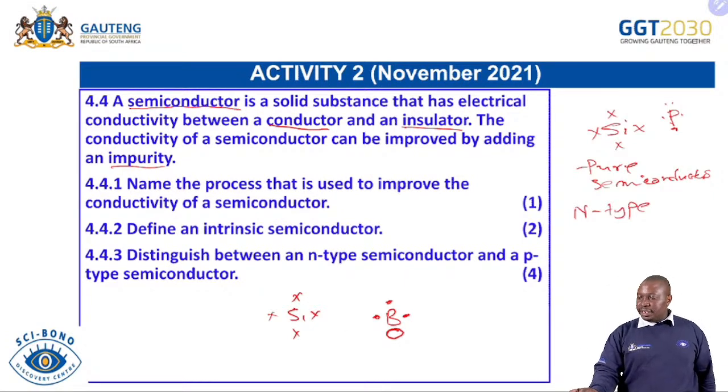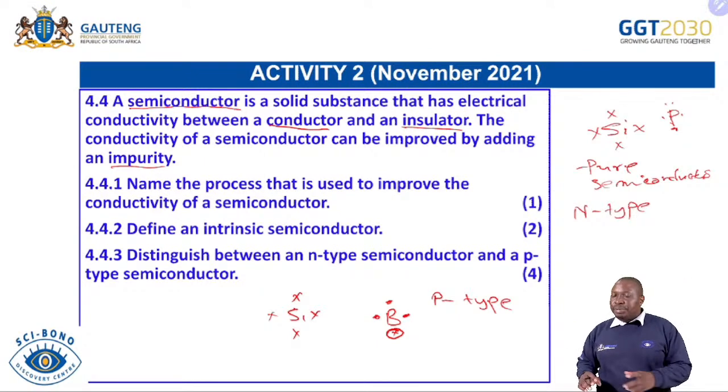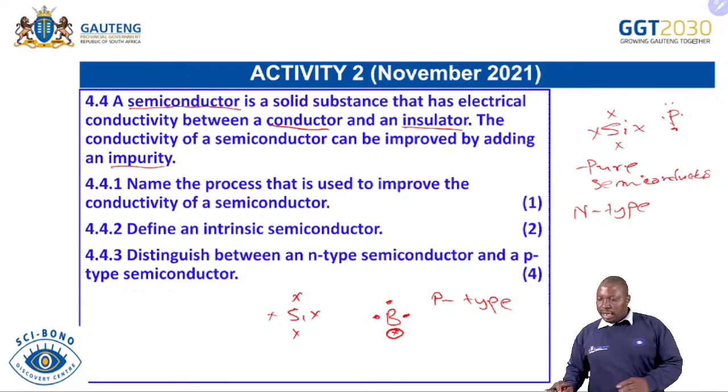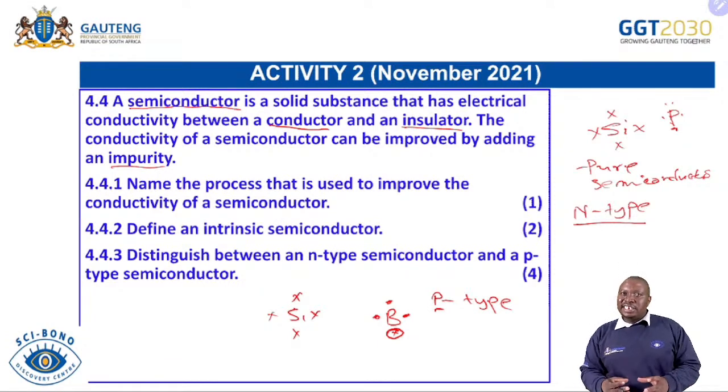So we're going to have a hole that is positively charged, then we'll have a p-type. So for a p-type, we have electron deficient, we are running short of electrons. For n-type, we're having an extra electron, hence the n-type. For p-type, we're running short of an electron. We have a hole that is positive charge.